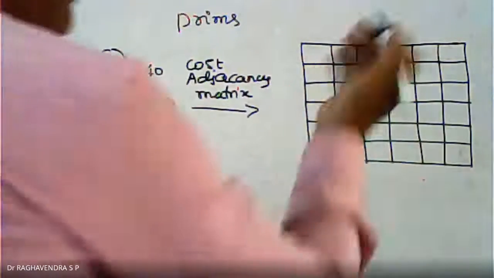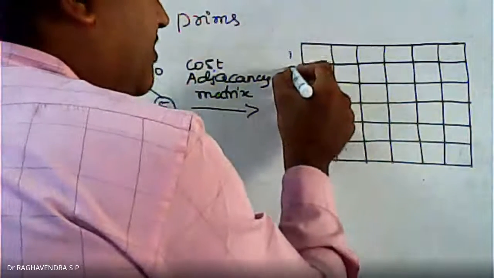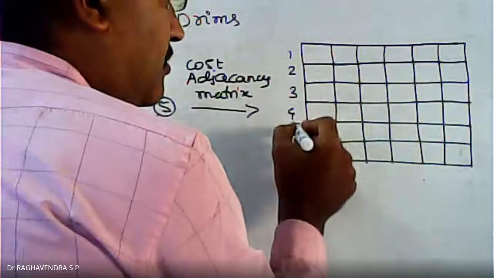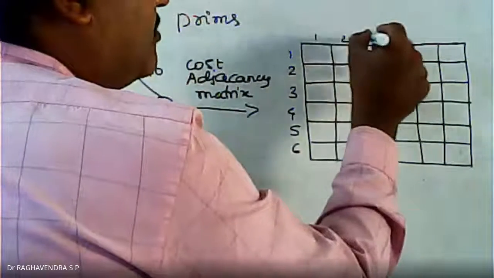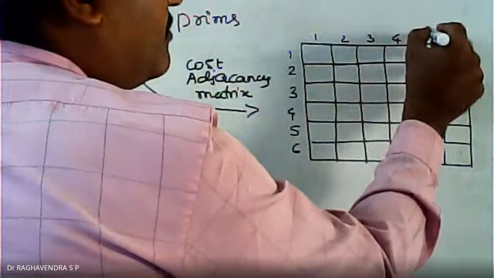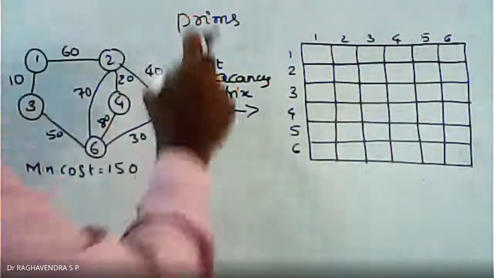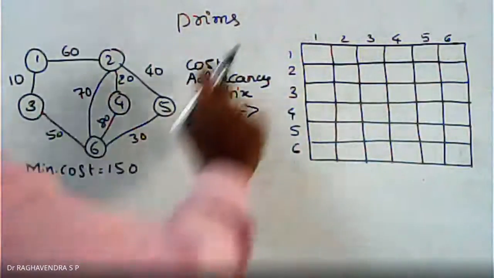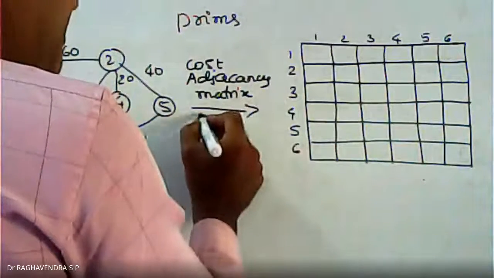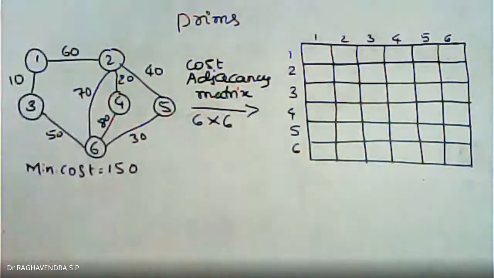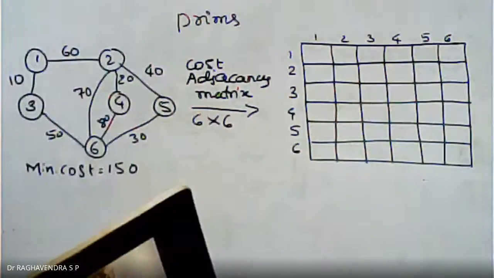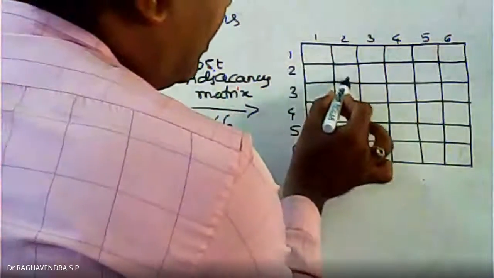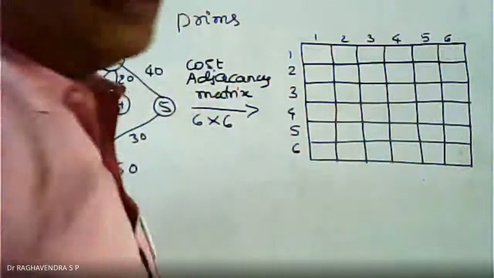Label the rows and columns: there are 6 rows and 6 columns, 1, 2, 3, 4, 5, 6. Because there are 6 vertices, I have to draw a cost adjacency matrix of dimension 6 cross 6. Now, what is the principal diagonal of this matrix?